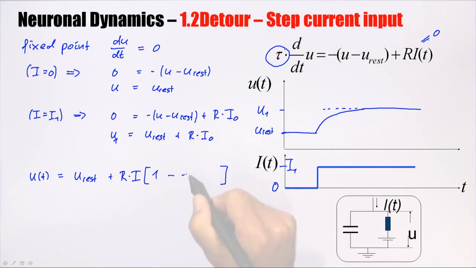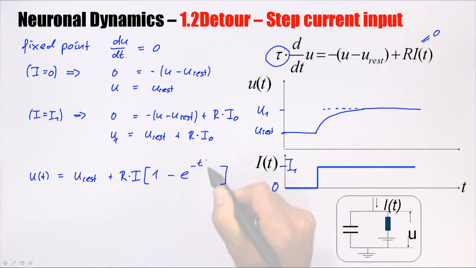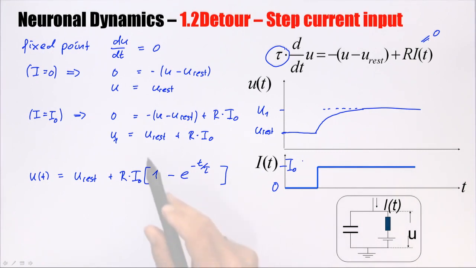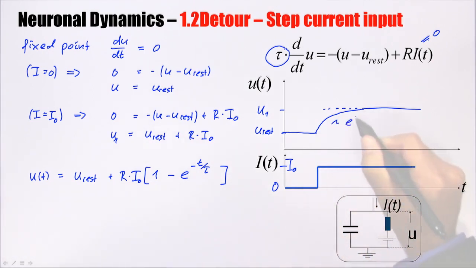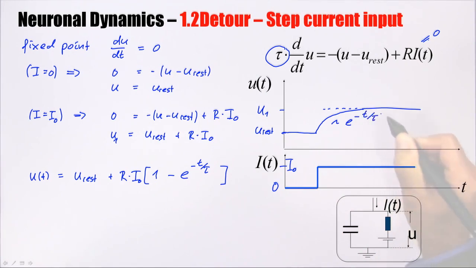So let's try this: e to the minus t over tau. The result now is that it approaches exponentially this new value u rest plus r times I0, and this gives exactly this kind of curve, an exponential approach.